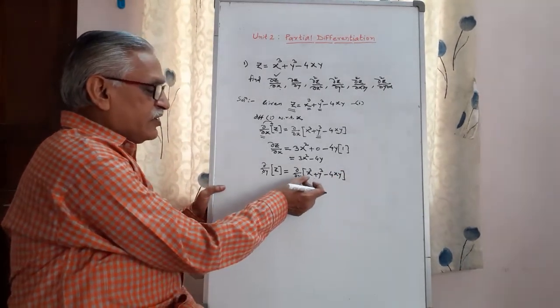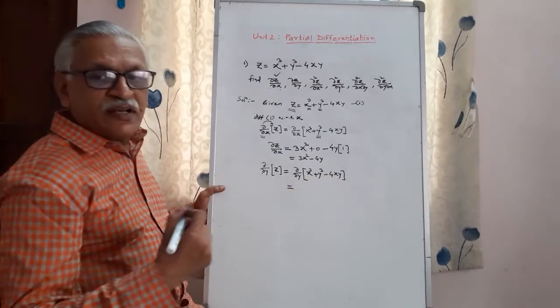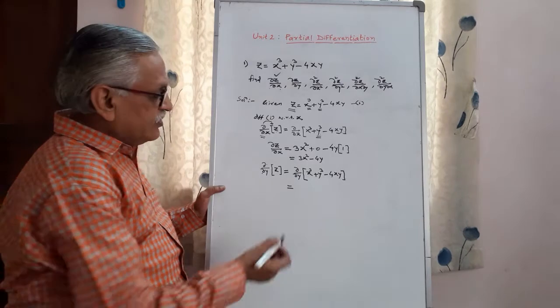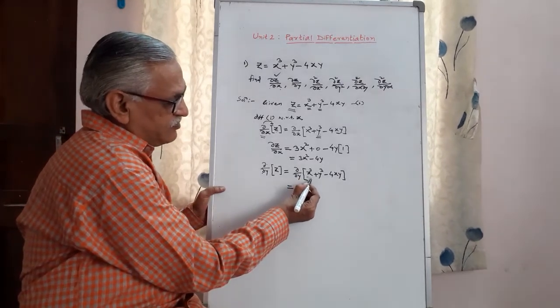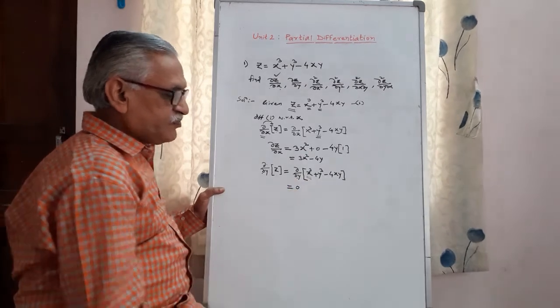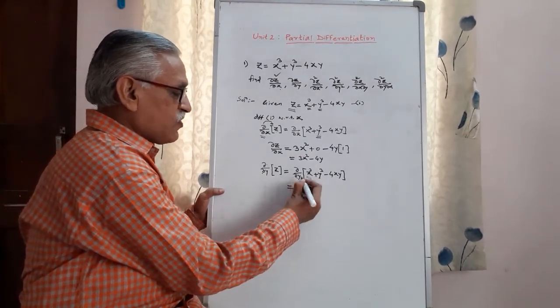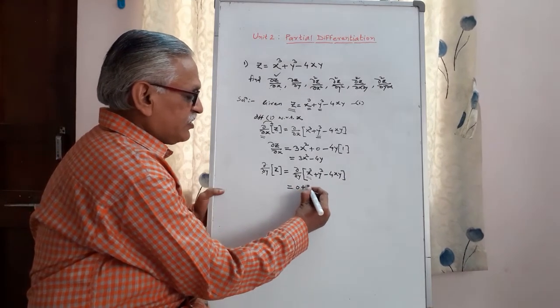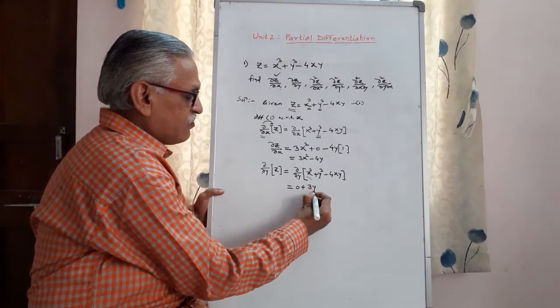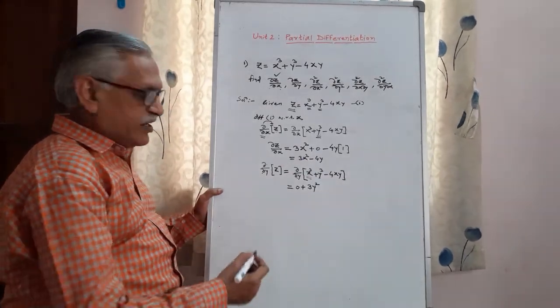It means we have to differentiate each and every term with respect to y, keeping x as a constant term. Therefore, as this is a constant term with respect to y, its derivative is 0. Then differentiate y cube with respect to y, its derivative is 3y square, n x raised to n minus 1.